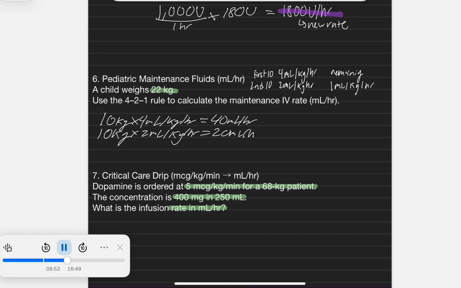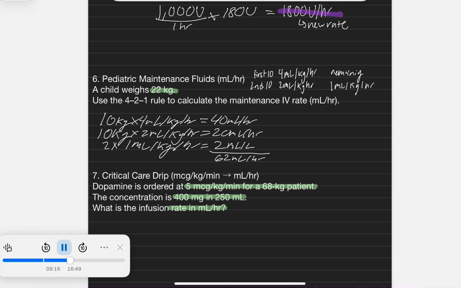So now we have 40 ml per hour, 20 ml per hour, and 2 ml per hour using the 4-2-1 rule. And all you're going to do is add them up: 40 plus 20 plus 2. And that's going to equal 62 ml per hour.